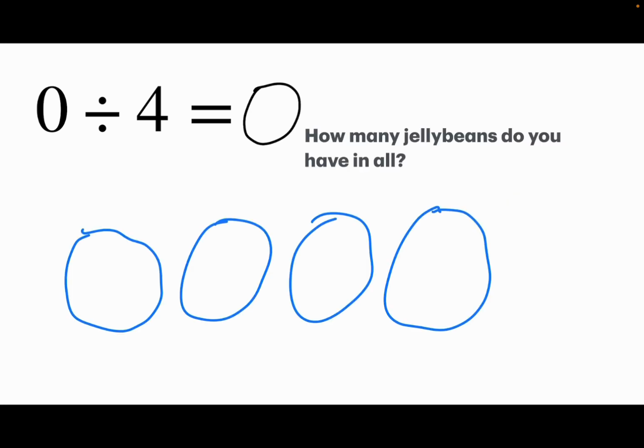You should have drawn 4 circles since we have 4 friends. Now the question is how many jelly beans does each friend have? The answer is 0. Since we didn't pass out any jelly beans, none of our friends have any, so that's the answer.